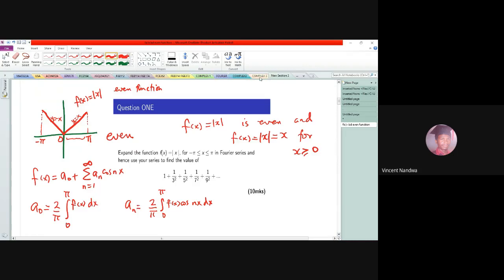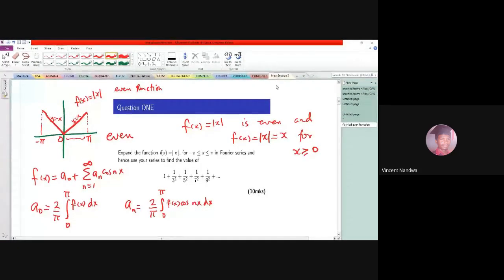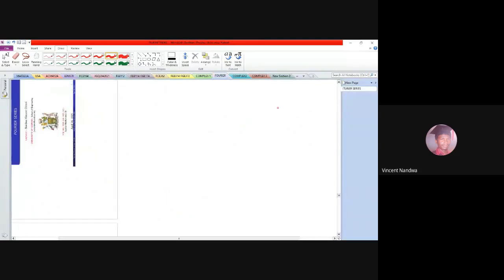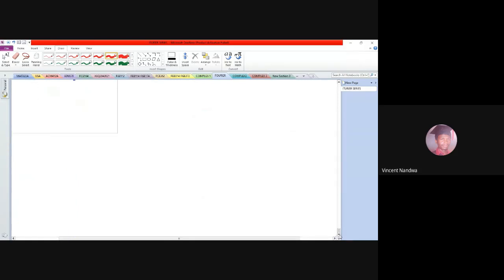So a naught will be given by 2 over pi, integral from 0 to pi of x dx.